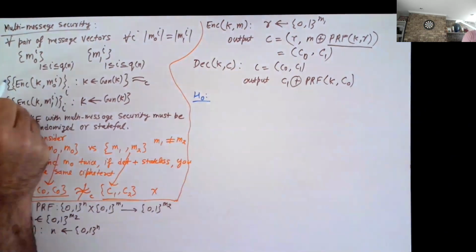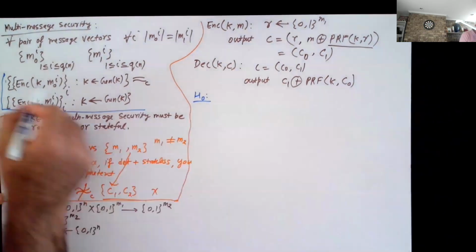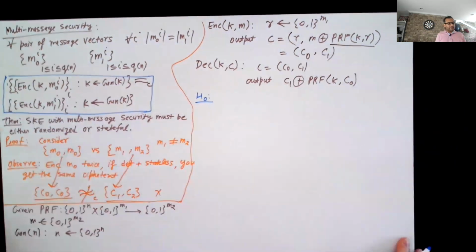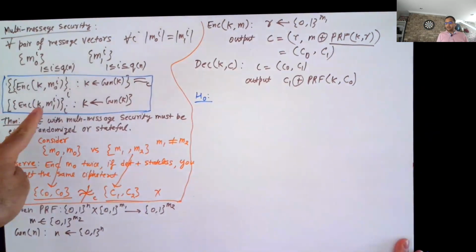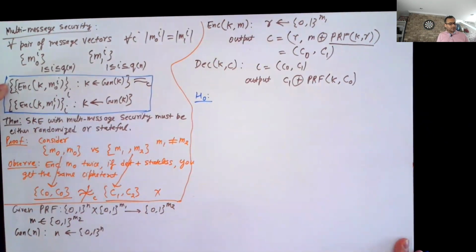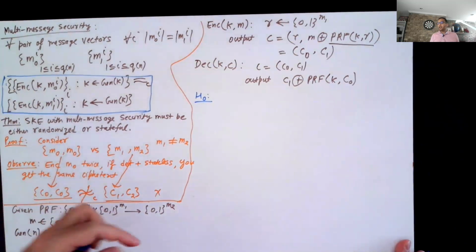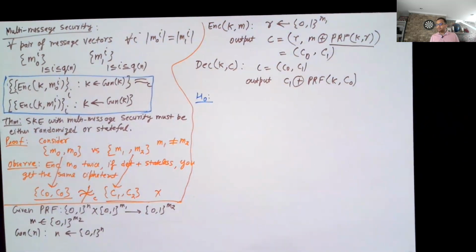So keep this equation in mind. We have two different message vectors. We are trying to prove that this will be our H0 and this will be our last hybrid. And we will try to prove the indistinguishability between these two hybrids.